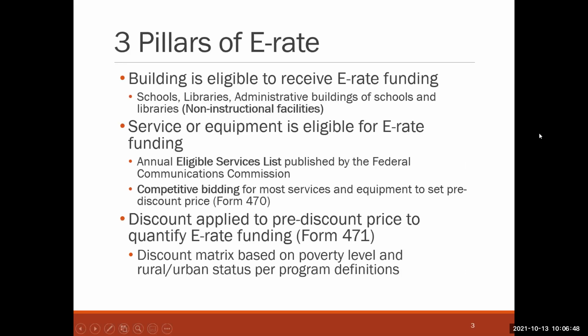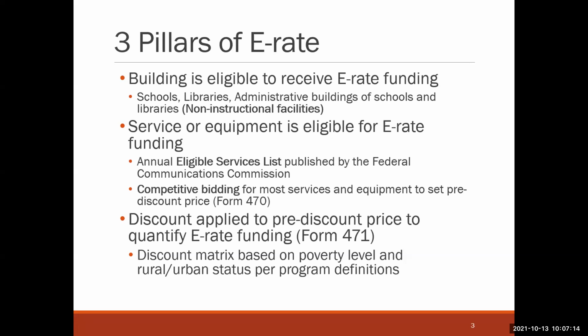There are three key pillars of E-rate that need to be present in order to qualify for funding. First, the building that is going to house the equipment for Category 2 or is going to receive the Category 1 service, internet access or a data circuit to the building, has to be classified as an eligible building.